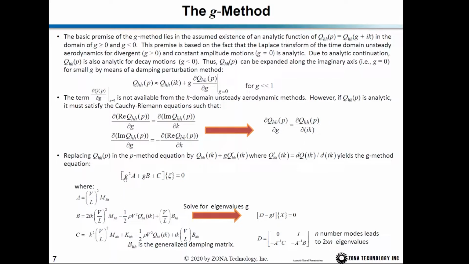If we treat g as the eigenvalue, because this is a second order eigenvalue problem, we can convert it into a first order eigenvalue problem, and then we solve for g as the eigenvalue. So if we have n modes, that leads to 2 times n eigenvalues. If you have 4 modes, each time you perform an eigenvalue analysis, you get a set of g.